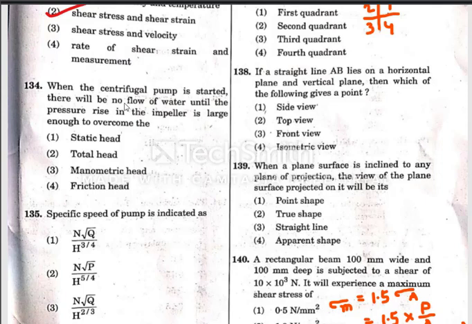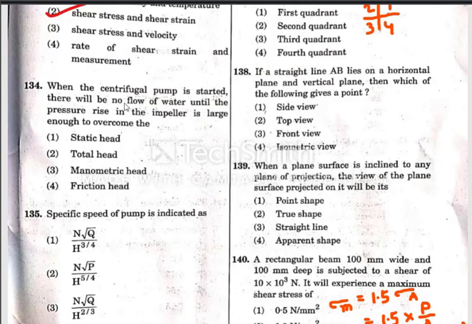And the next question, specific speed of pump is indicated as Ns equals N into root Q by H power 3 by 4, where N is the rotative speed of the impeller, Q is the capacity, and H is the head.